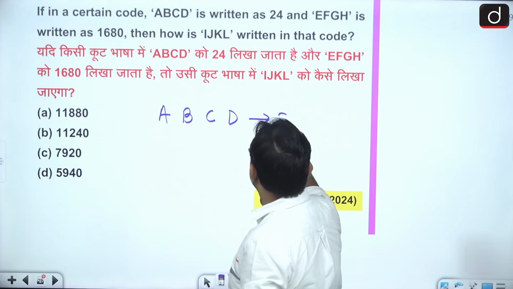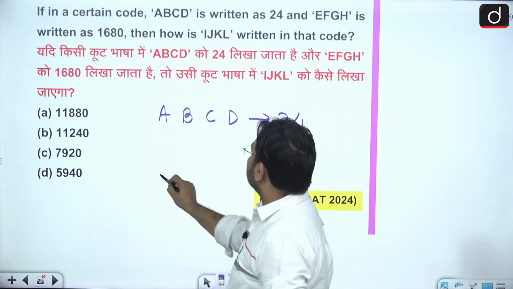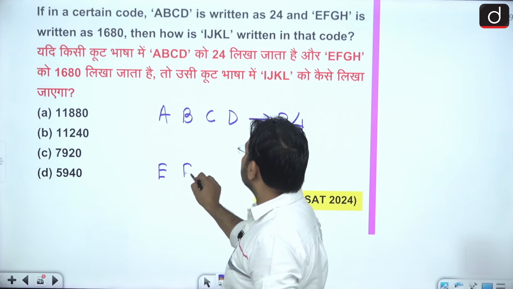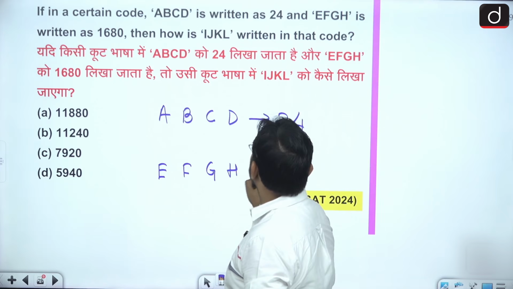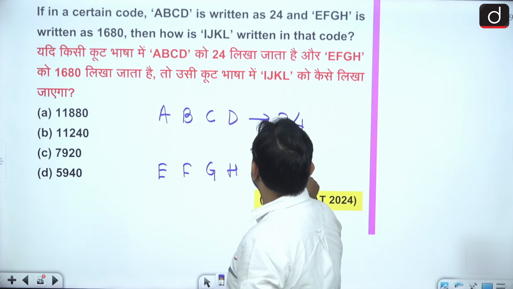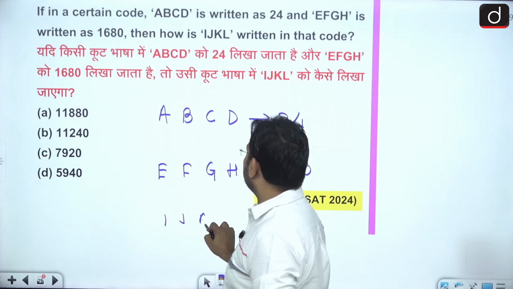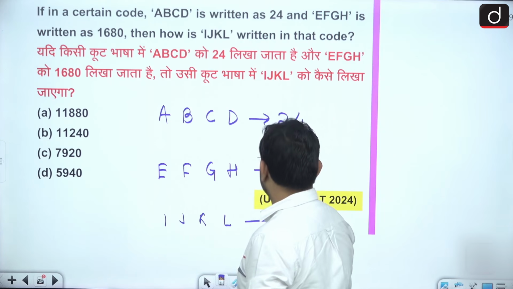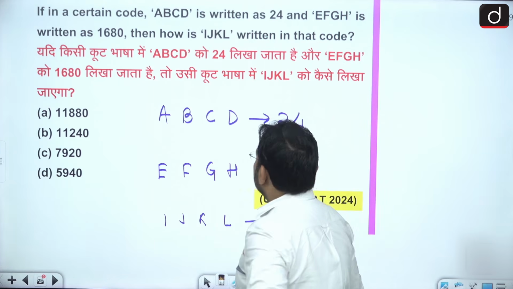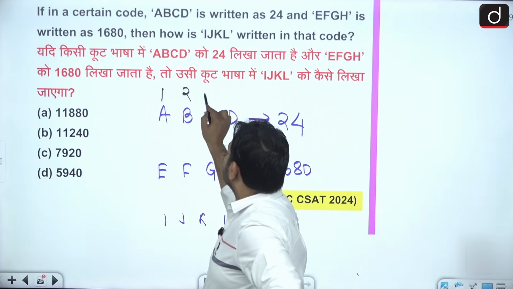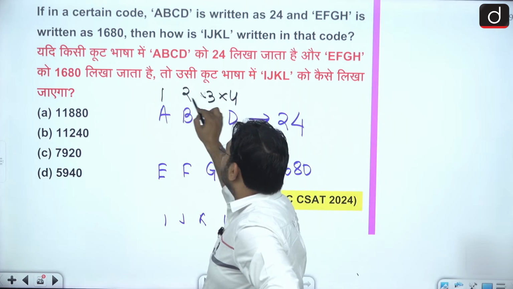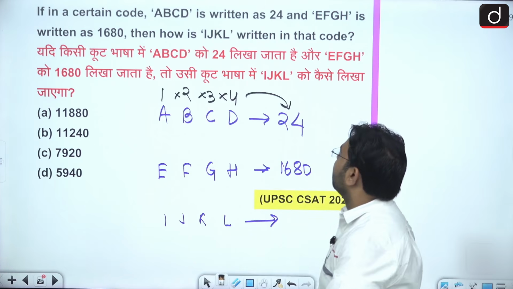EFGH is written as 1680. Then how is IJKL written in that code? This is 1, 2, 3, 4. Multiply these 4 numbers, you will get 24.